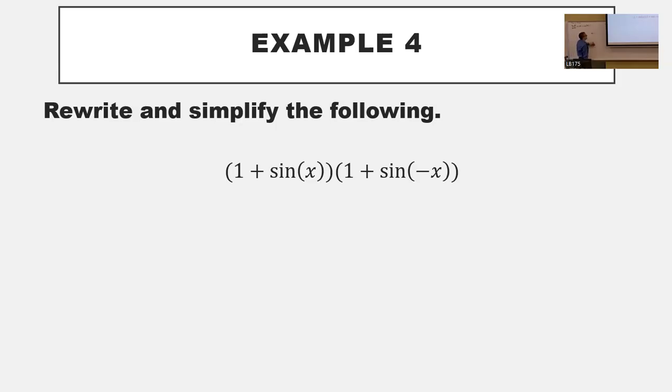Let's do another. This says rewrite and simplify the following: 1 plus sine of x times the quantity 1 plus sine of negative x.